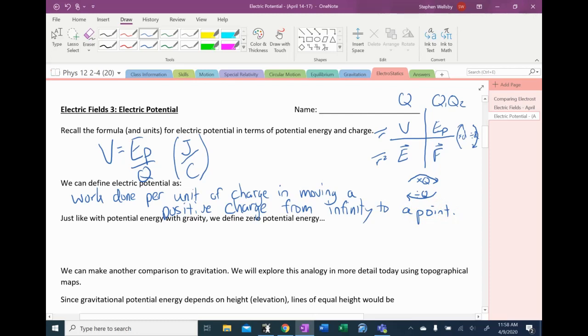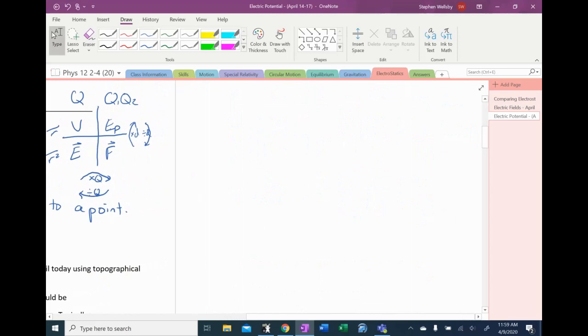So when we looked at potential gravitational energy, we defined it as being zero at infinity. So we know that everything with gravity is attractive. I'm just going to make some notes on the side here for you. So with gravity, let's say we have a planet here. If I put a mass here, the gravitational force is always going to be an attractive force.